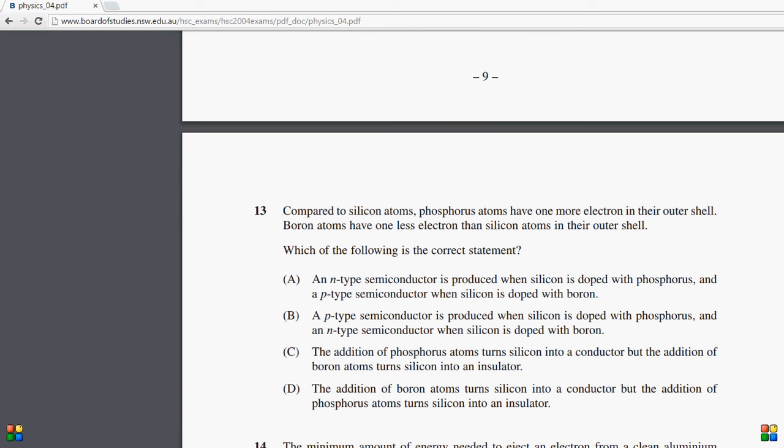13. Compared to silicon atoms, phosphorus has one more electron in the outer shell, and boron has one less electron. Which of the following is the correct statement? An N-type semiconductor is produced when silicon is doped with phosphorus. Yes, that's true. And a P-type semiconductor when silicon is doped with boron.